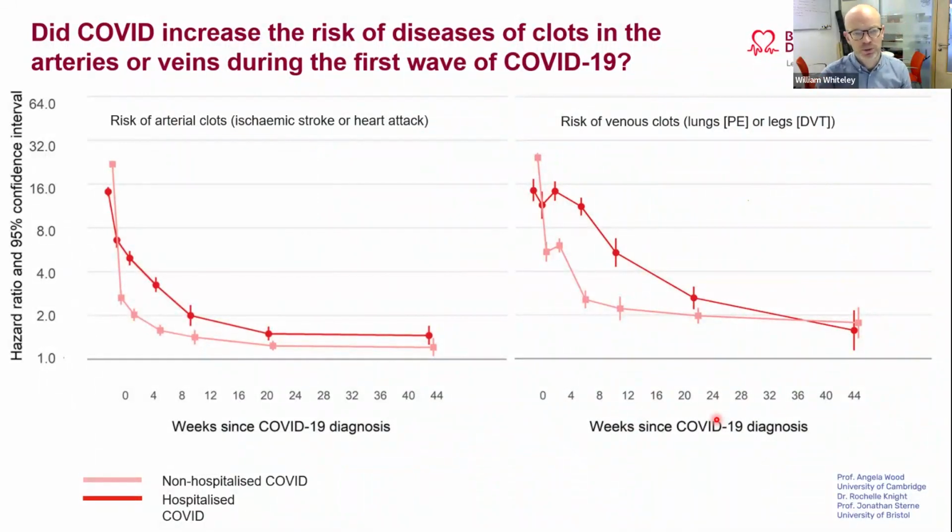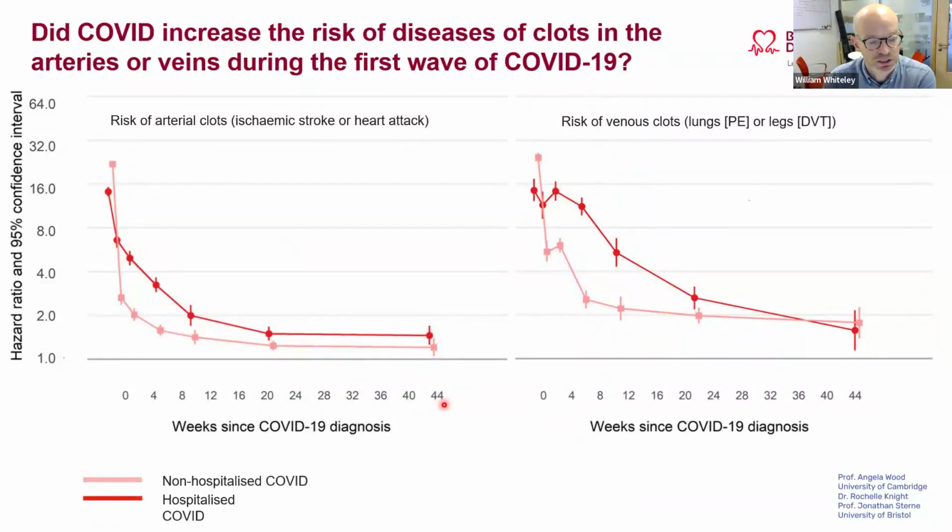So this is work done by Angela Wood, Rochelle Knight and Jonathan Stern in Bristol. If you look here, we've got two graphs. On the left, we've got the risks of arterial clots, and on the right, the risk of venous clots. And on the x-axis, time since someone was infected by COVID-19.